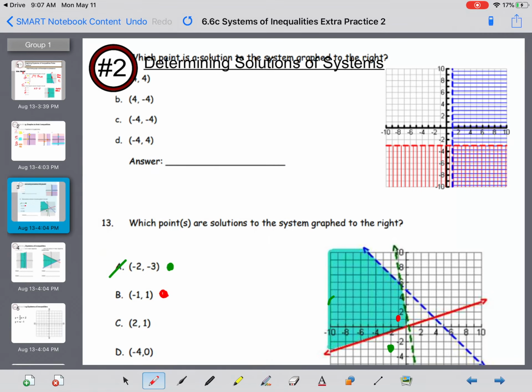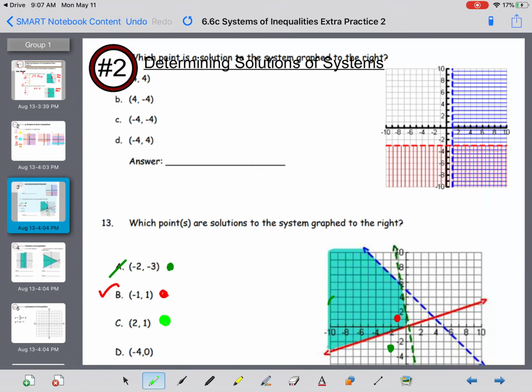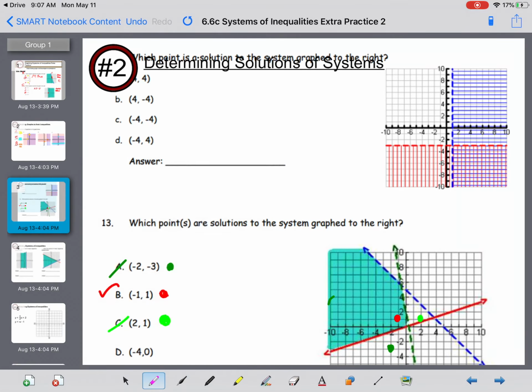We have B, -1, +1. Left 1, up 1. There you go, falls right in. C, 2, 1. Right 2, up 1. And that is not a solution. And -4, 0 for D. Let's see.